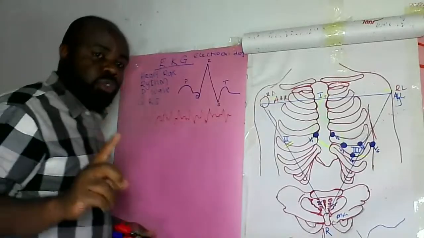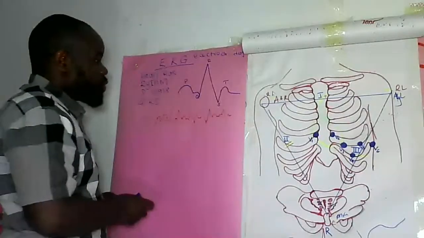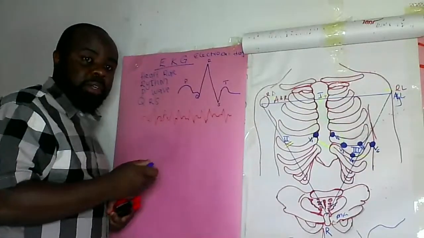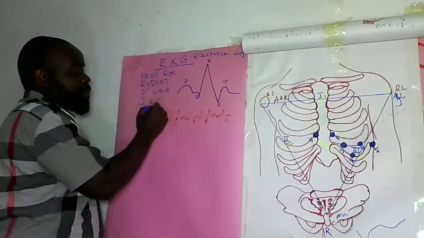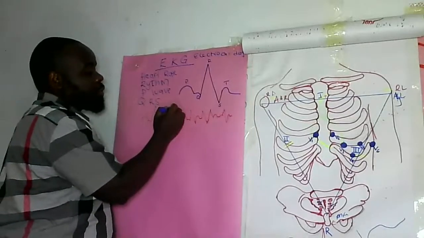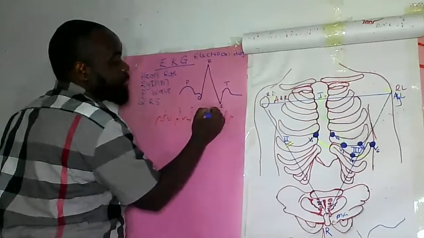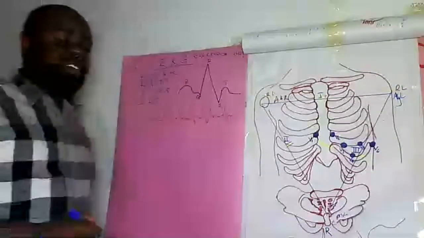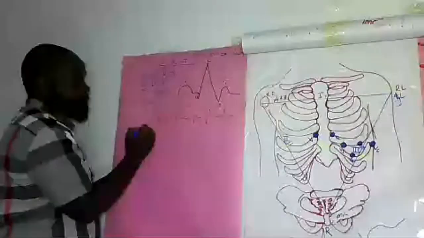When you want to know the heart rate, you count on the 6-second strip. You count the R deflection waves: 1, 2, 3, 4, 5, 6, 7. In our strip here we have 7.